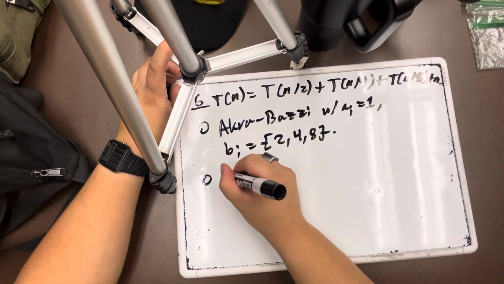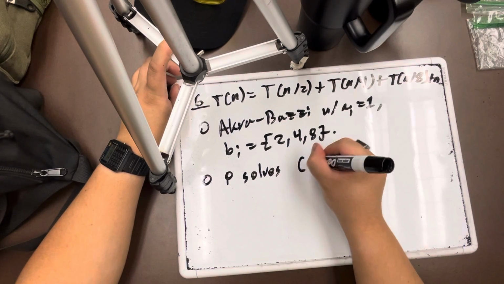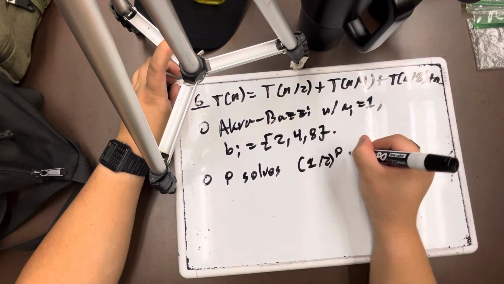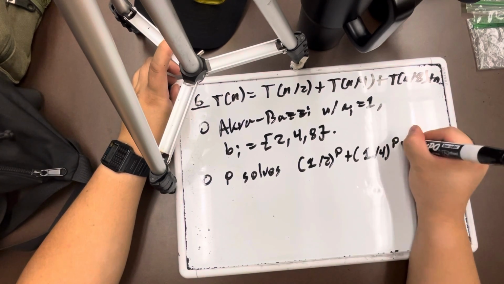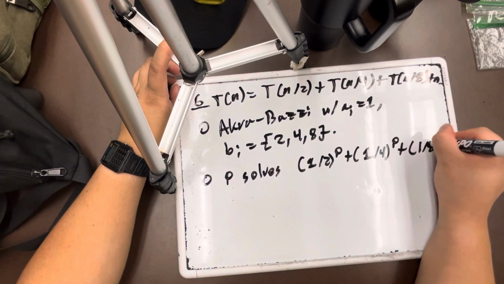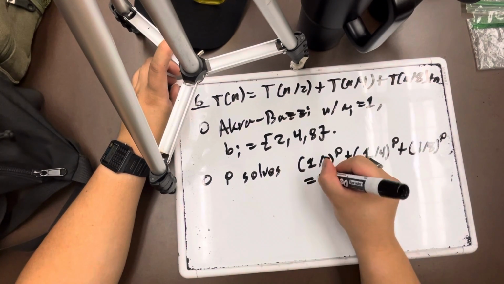So p solves (1/2)^p plus (1/4)^p plus (1/8)^p equals 1.